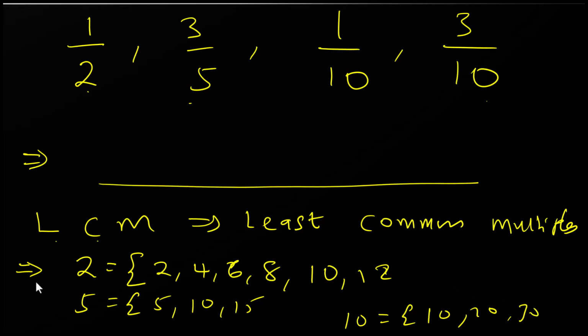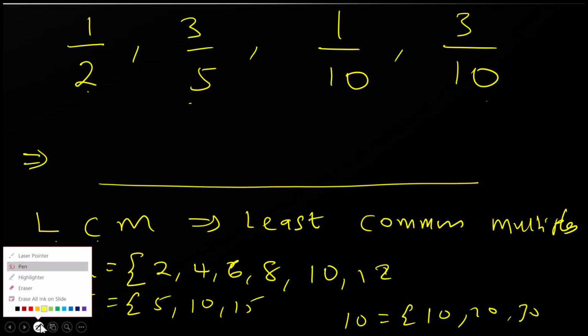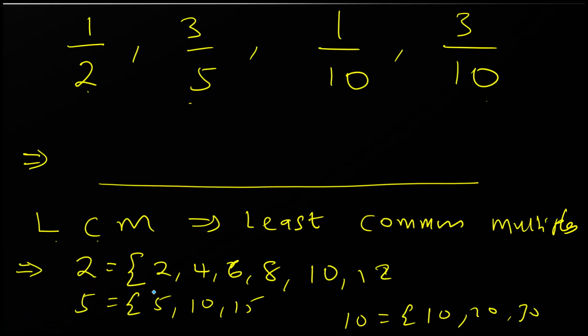So look at the third set here. Look at this, that, and that. Look for the common among them, the commonest. And that is the least common multiple.